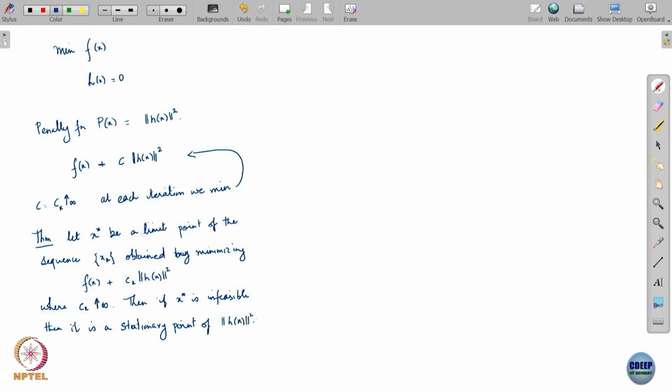So, if it is infeasible, it actually ends up as a stationary point of norm of h of x squared. So, you end up minimizing not f plus this, but rather eventually ending up minimizing this. So, you end up at a stationary point of this. Okay.